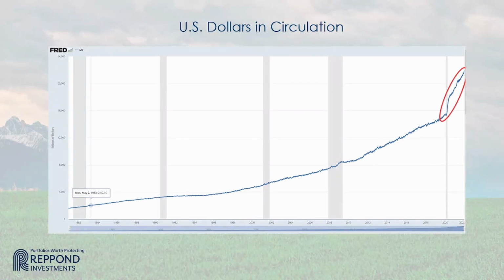On the far right of the chart, I circled the last 2 years. This goes back to March of 2020. So with the pandemic, the Federal Reserve took a very active role in pumping extra money into the system. Now, the goal was for that to help the economy. Do you think the economy is a lot better because the Fed pumped more money in?